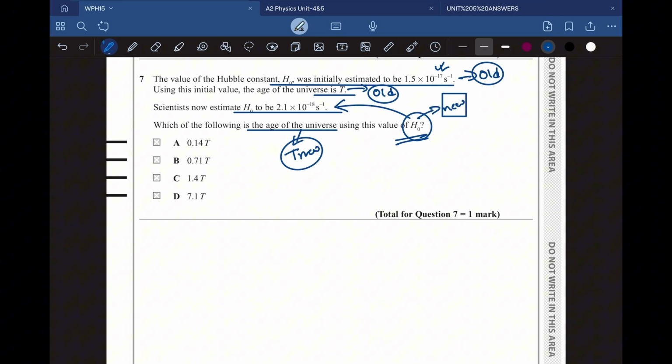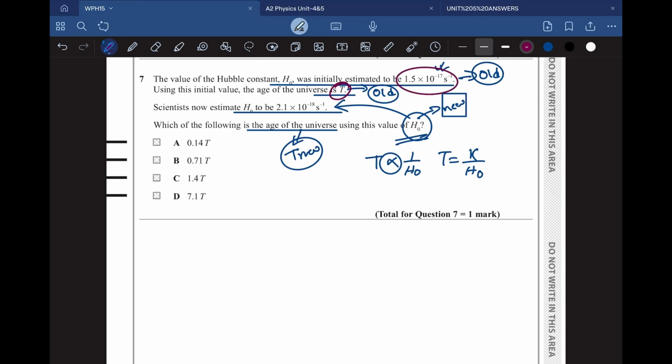So we know one thing, that time is directly proportional to 1 divided by H naught, right? And if you write it, T is equal to K divided by H naught. If we remove this directly proportional sign, it becomes T is equal to K divided by H naught. Now we know this particular time, and we know this particular H naught as well.